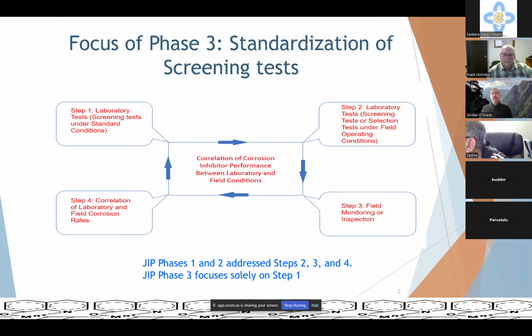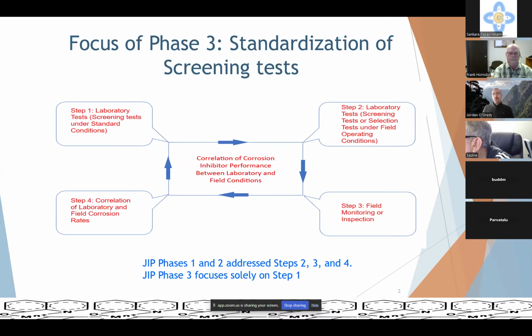With the third phase of the JIP, we're largely going to be focused on what we have labeled as step 1, which is going back to fundamentals and developing standardized test methods that are outside of ASTM or AMPP standards for the meantime, because there's a lack of standards for them.